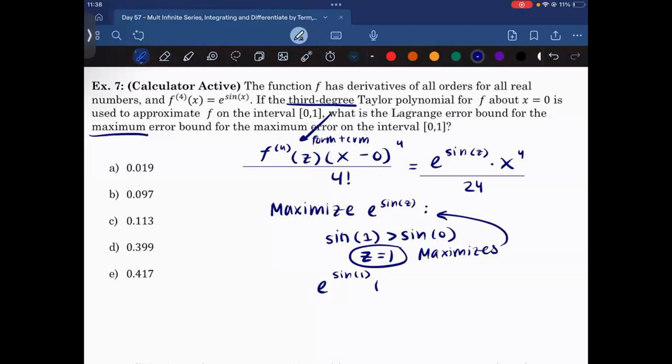We're plugging in z equals 1. We are given 0 to 1. We want to maximize that. So these are two different areas of where I got the 1. The 1 from here is from maximizing, and the 1 from here is from our interval right there. And then we have a calculator, which will give us 0.097.